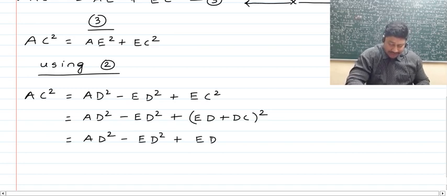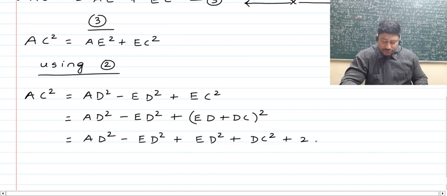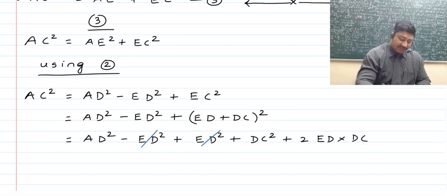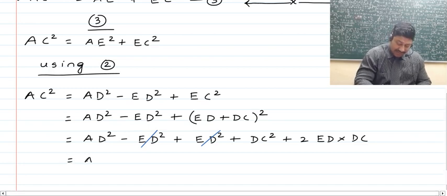This is going to become equal to ED square plus DC square plus 2 times ED multiplied with DC. Now further here, we get to see that ED square will get cancelled with ED square because one is positive and the other is negative. Then further we are left with AD square, right? And to that is added DC square.